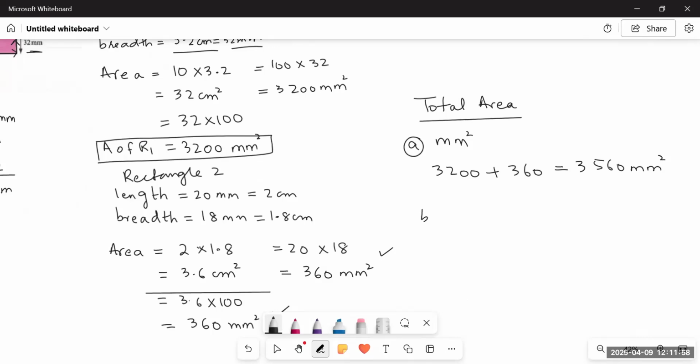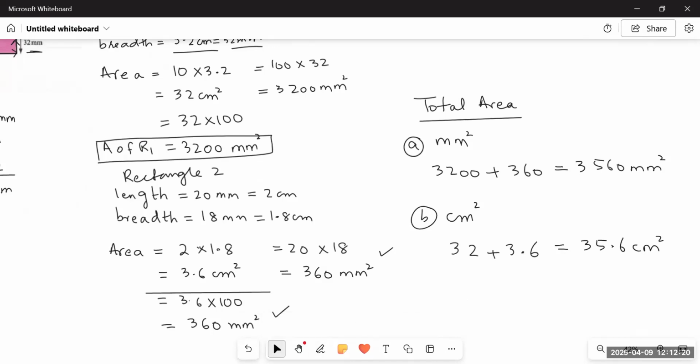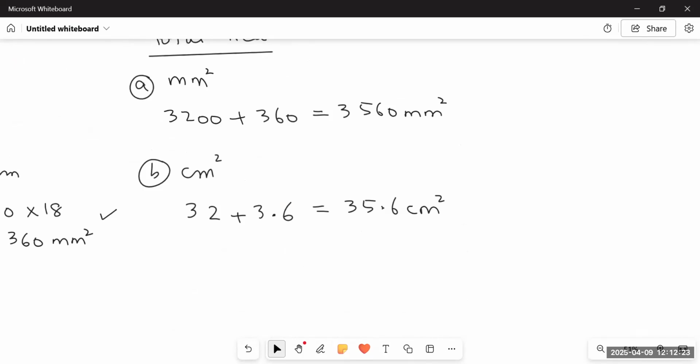And for centimeter square, we will take the figures in centimeter square, which is 32 for the first one and 3.6 for the second one. When we add the two, we will get 35.6 centimeter square. You can verify it: when we multiply 35.6 centimeter square by 100, the answer will be 3560 millimeter square.